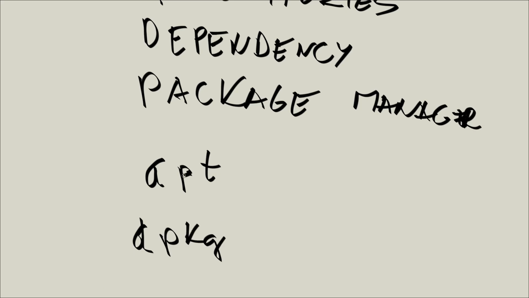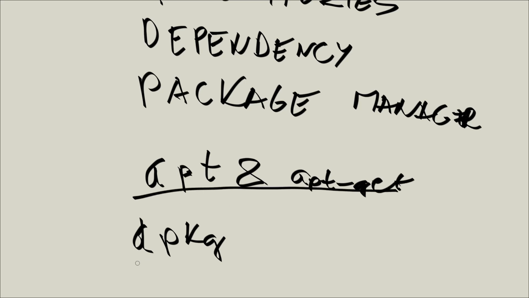Okay, and also a high-level management tool alongside apt is apt-get. Okay, so those are high-level management tools, and dpkg is a low-level management tool, and both of those are in the Debian-like distributions.